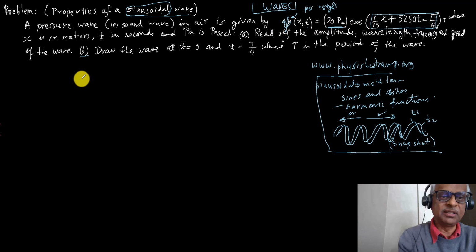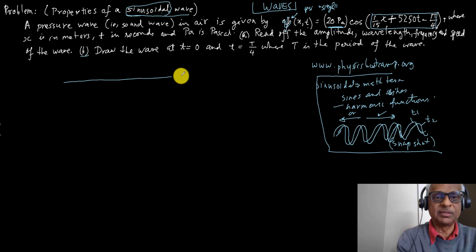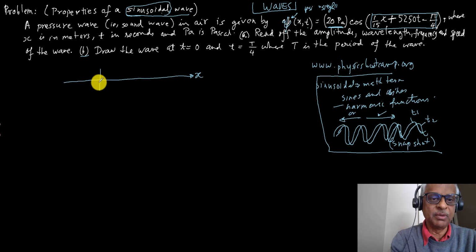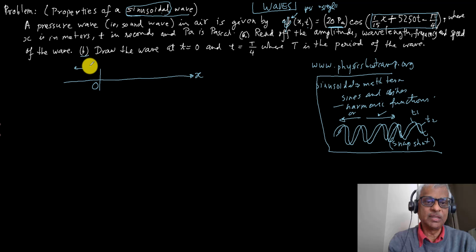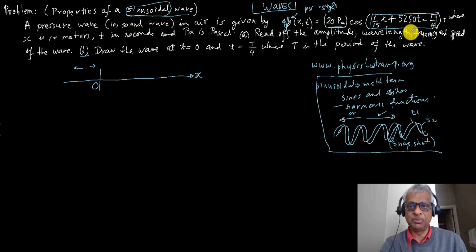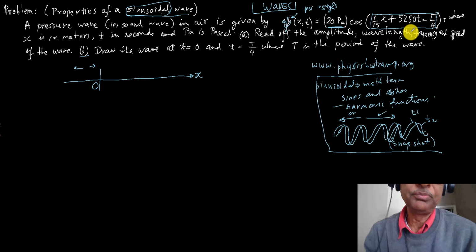The wave in this problem is along the x-axis. There is some origin here, and either the wave is going this way or that way. We don't know yet; we'll know when we analyze it.